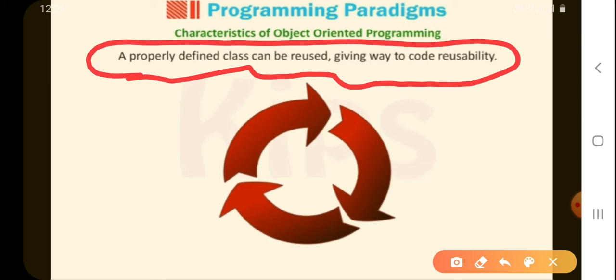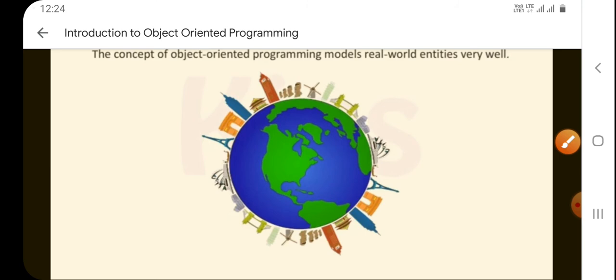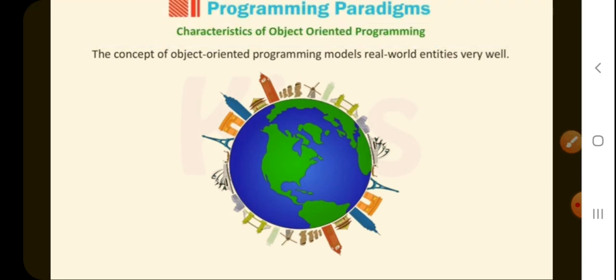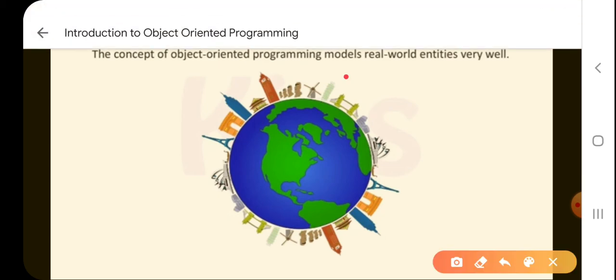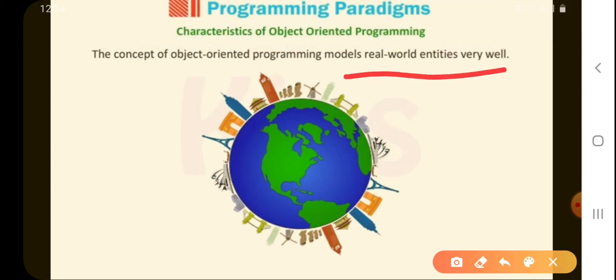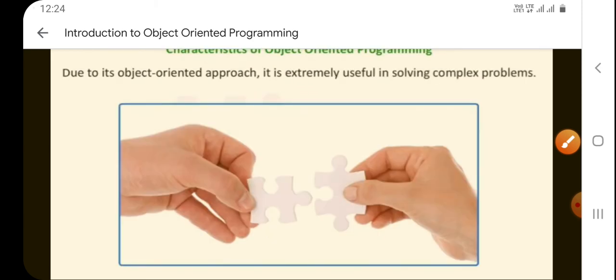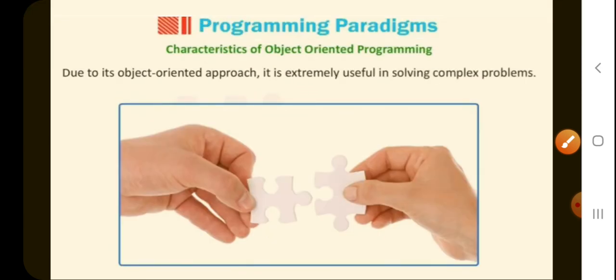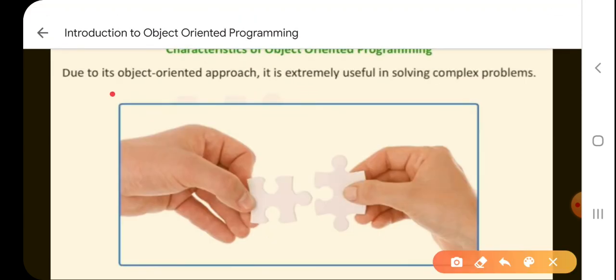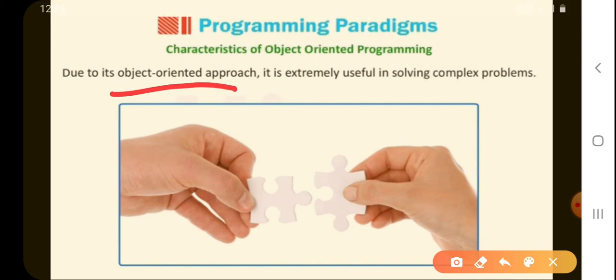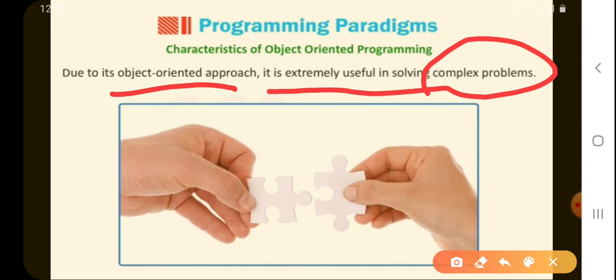Then the concept of object oriented programming models real world entities very well, unlike procedure oriented programming. Then, due to the object oriented approach, it is extremely useful in solving complex or large problems.